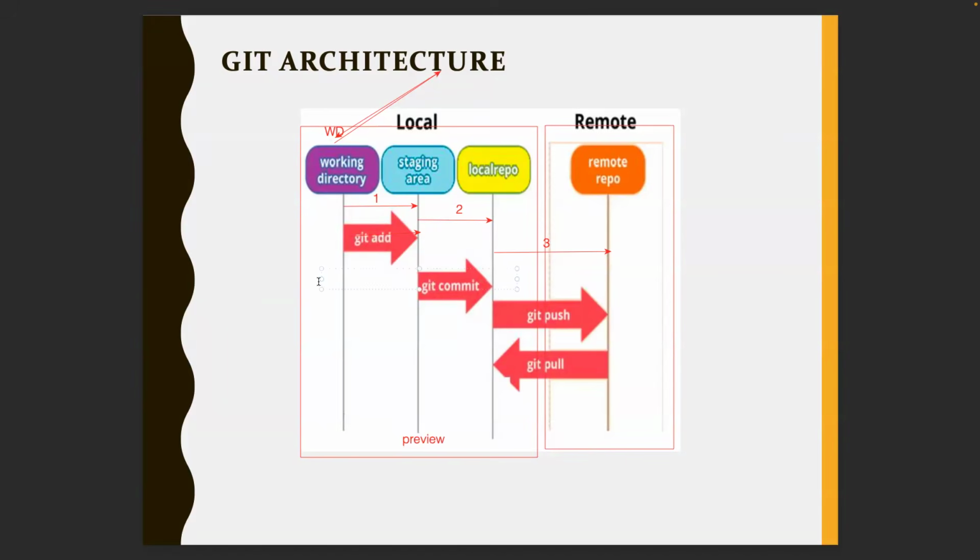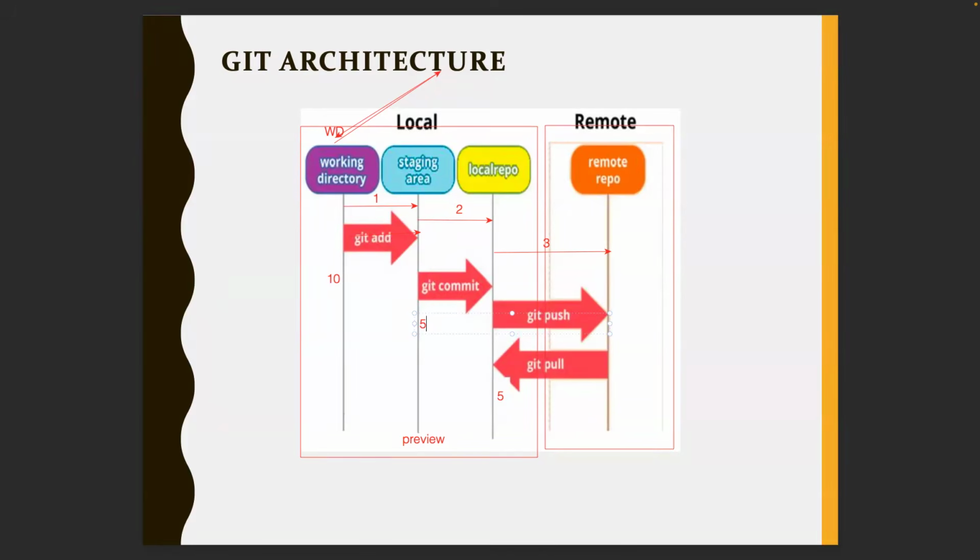Let's suppose you have 10 files in the working directory, and you want only 5 files to go into your local. So you will make sure that you put only those 5 files in the staging area. Whatever is in the staging area will move to the local repository. So it helps you like a preview, a pre-check, before your changes go to the local repository.